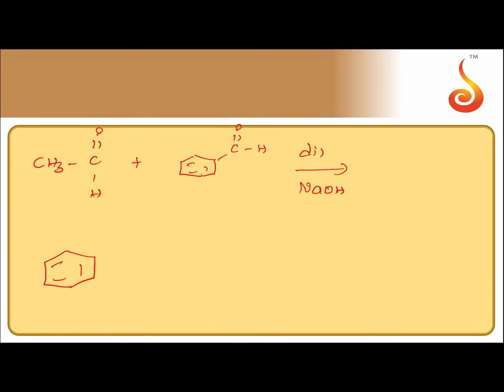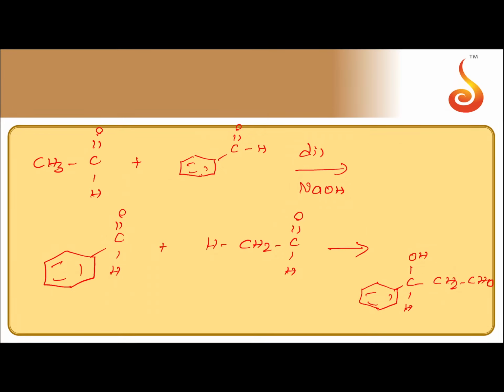Now fix the carbonyl group which is not having an alpha hydrogen atom, and write the other aldehyde, where there is an alpha hydrogen atom, like this. Now what happens? This hydrogen forms a bond with oxygen. So what is the bond formed here? C6H5CH(OH)CH2CHO. This is about the crossed aldol condensation reaction.